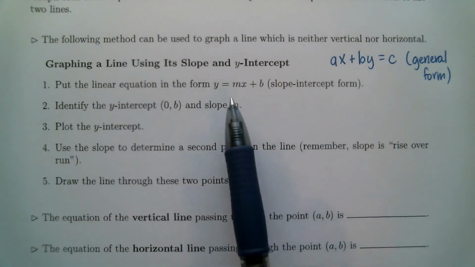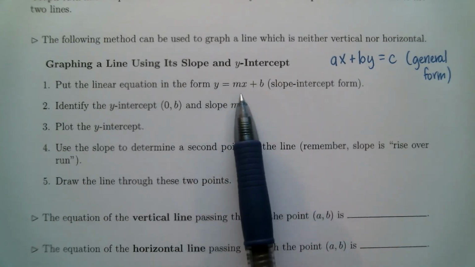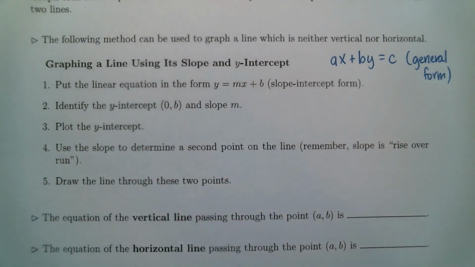Once you get it in this format, and we will go over how to do that, once it's in y equals mx plus b form, that's called slope-intercept form, you are going to identify the y-intercept of the line. Y-intercept means where the line crosses the y-axis. And the slope m.